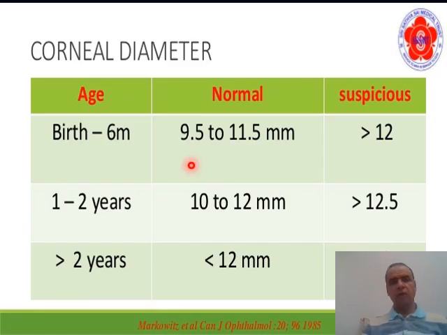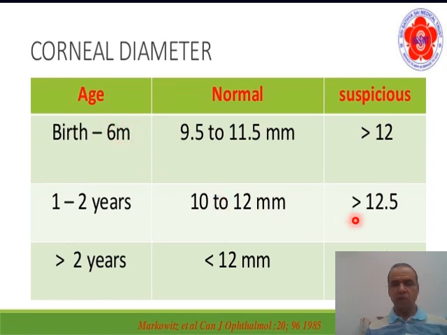Measurement of corneal diameter can be regarded as equal in importance to assessment of visual field in patients with primary open-angle glaucoma. So corneal diameter more than 12 millimeters is suspicious in an infant up to the age of 6 months.